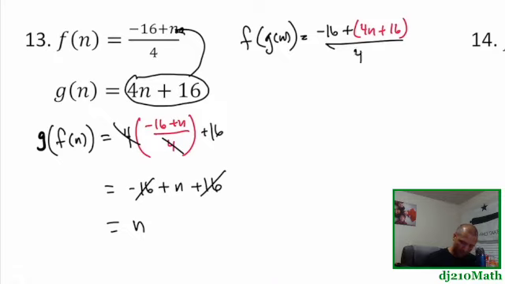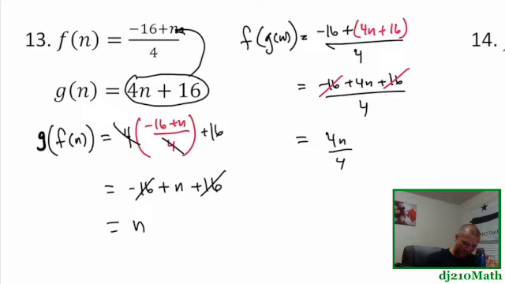Okay, before we start canceling things out, let's understand what's happening. Up top, things are being added, so I can actually drop the parentheses up top. In doing so, I'm going to get negative 16 plus 4n plus 16 over 4. So in the numerator, I have negative 16 plus 16. Cancels. So 4n over 4 cancels.